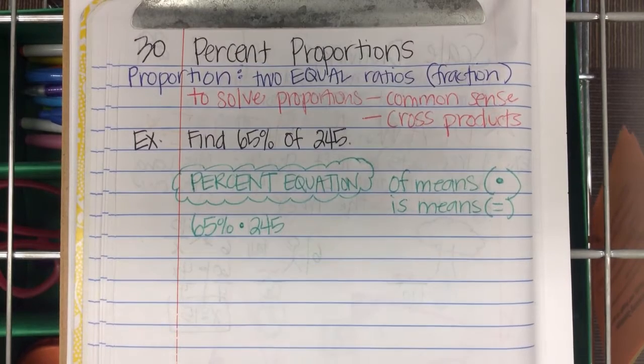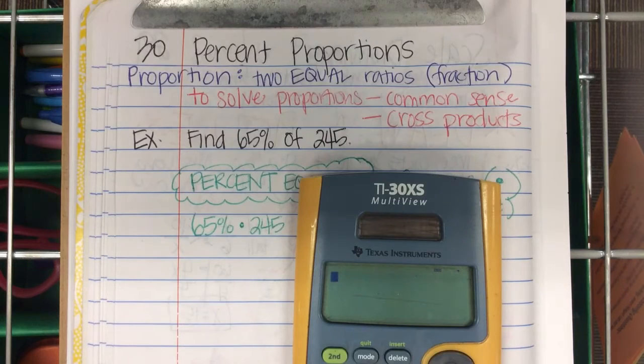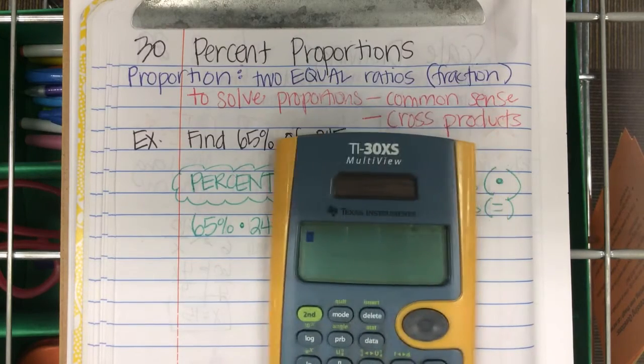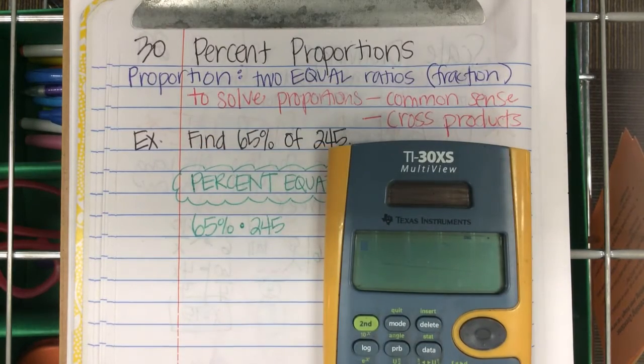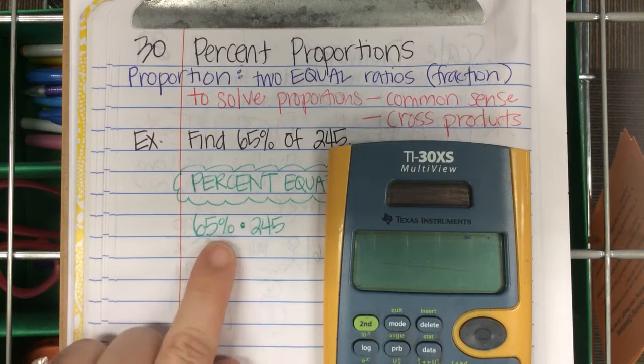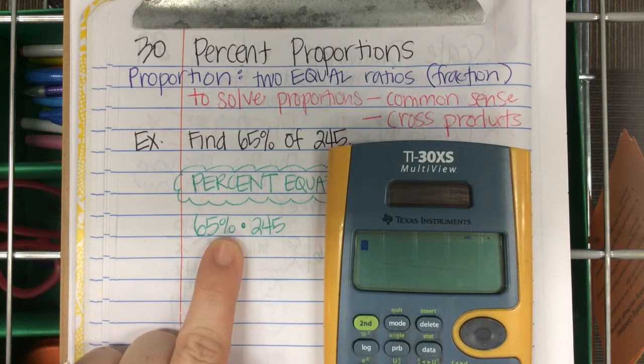Okay, so let's use a calculator for 65% of 245. Here's the deal, ladies and gentlemen. Does it say percent right here?